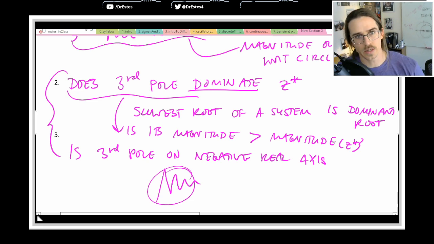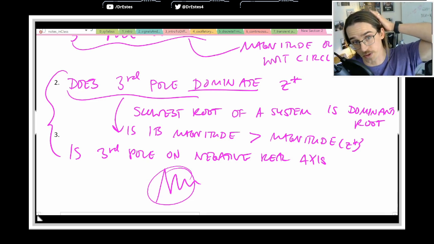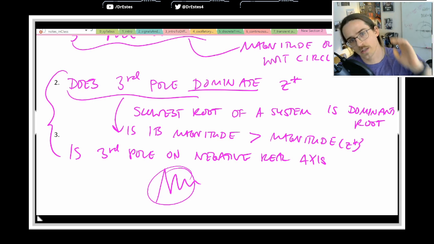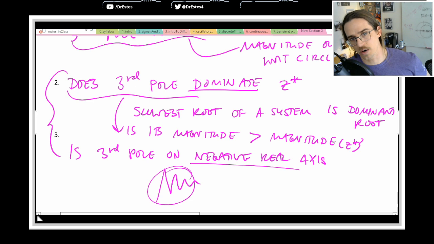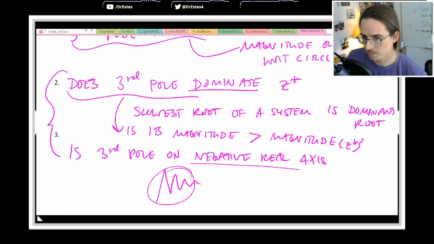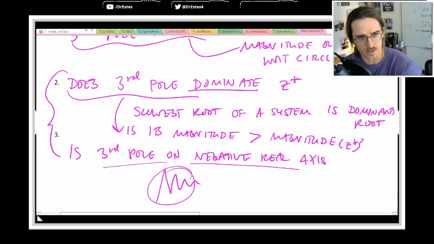I guess 3 is a special case of 2 here. As long as a root on the negative real axis doesn't dominate your target poles, if it's not slower than them, then you probably won't even see it very much in the response. But it's still something to watch out for because it might mess with your overshoot and stuff like that.